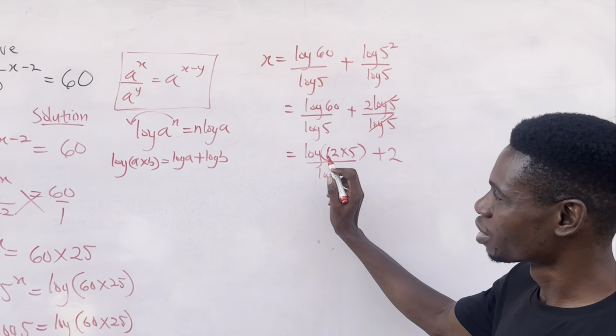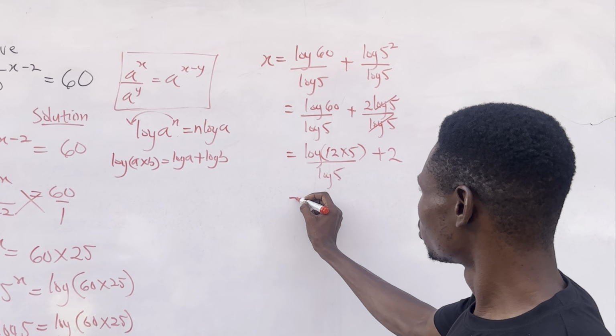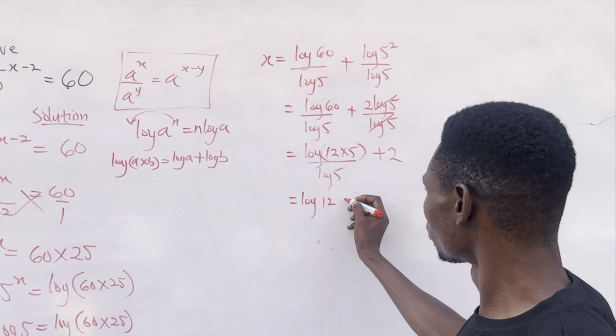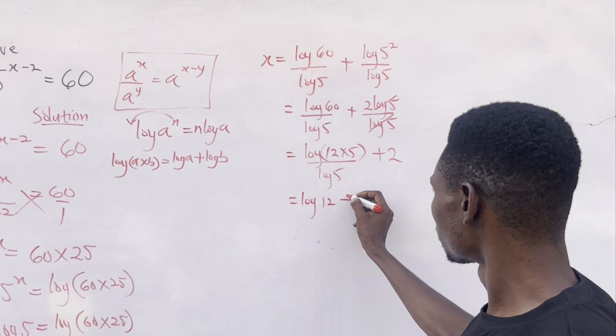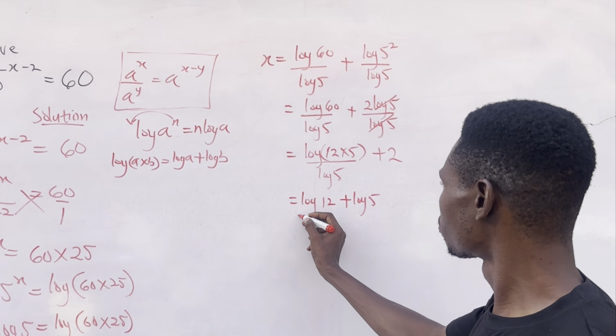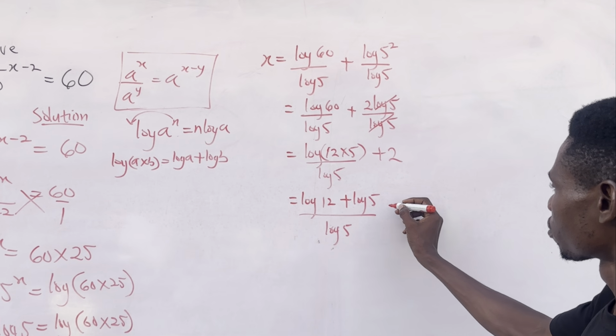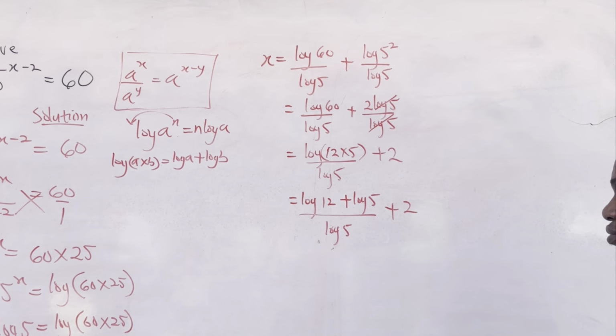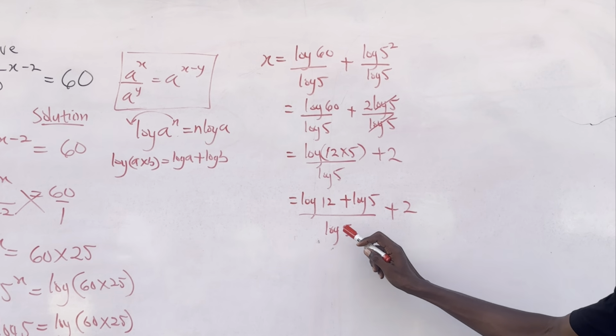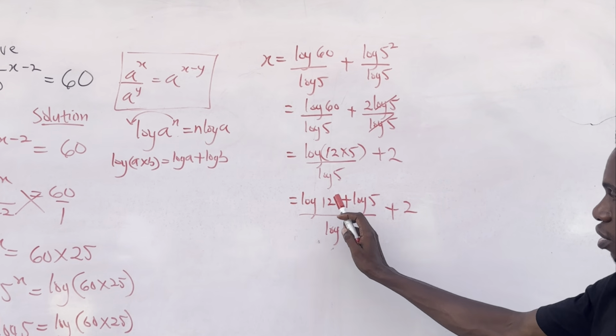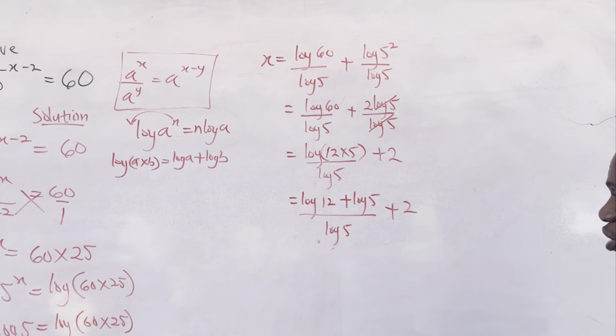Okay, we can apply the same thing we already applied. So this will give us log 12 plus log 5 all over log 5, that's this one, plus 2. And now we can share this log 5 to both of them, so we have separate fractions.